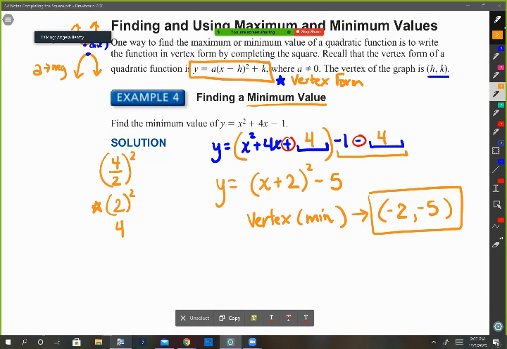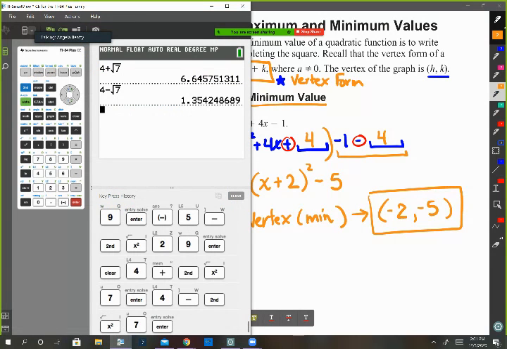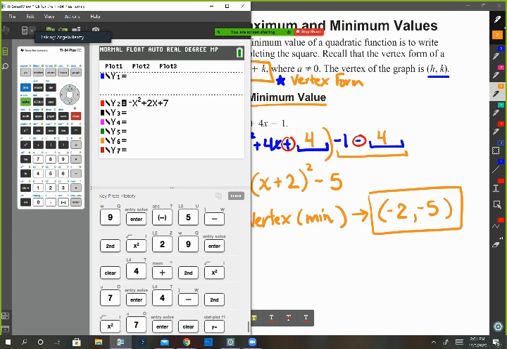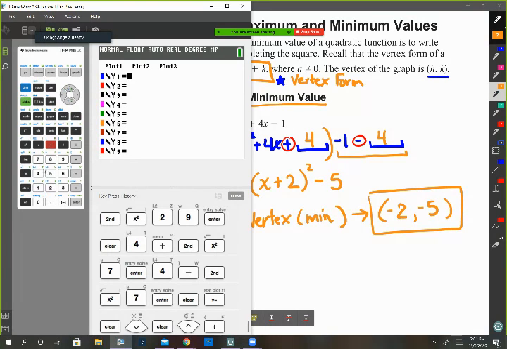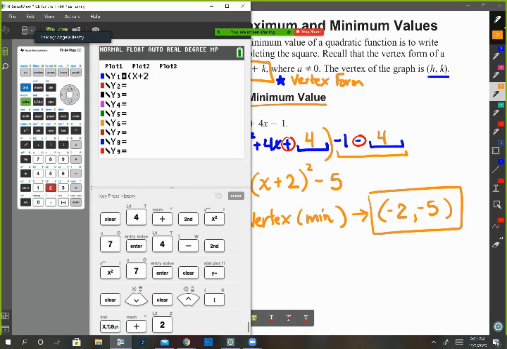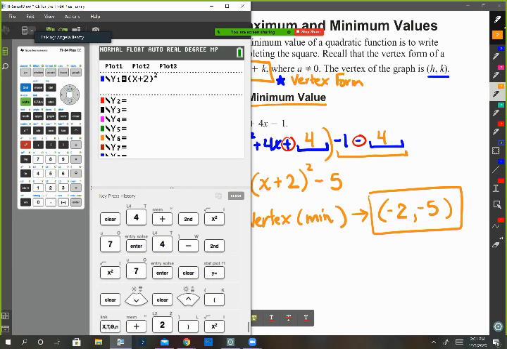Now, if I was to graph this equation, I would get the graph the same way. Let me clear these out. If I was to graph it, I would get the same thing. Notice that if I was to graph x plus 2, and I'm not asking you to graph it, but I just want you to understand why am I doing this?